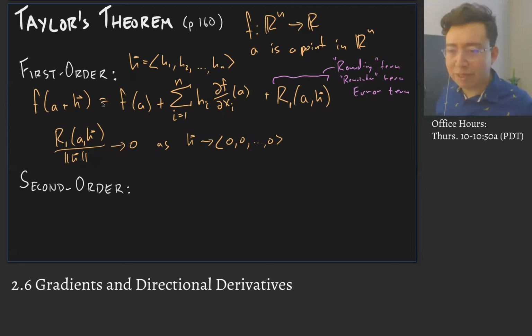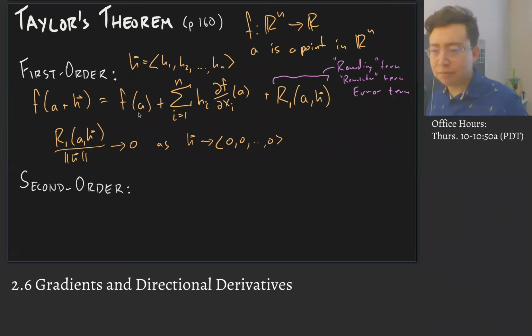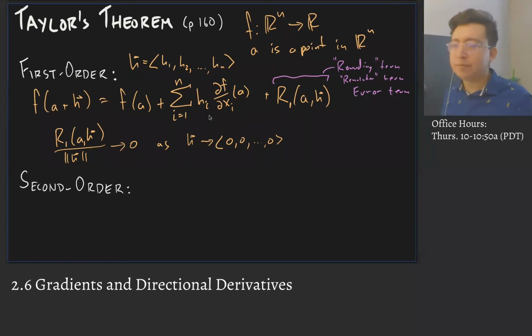But in order to do that, I'm going to have to say, if I'm looking near A, so if I take A and add some vector, that's going to give me f of A, which is just what happens at the nice point, plus all of this first order information, which is just the partial derivatives at A scaled down by how far away you are from A. Again, you can think of this as like a tangent plane. But then this here is going to be your error term.